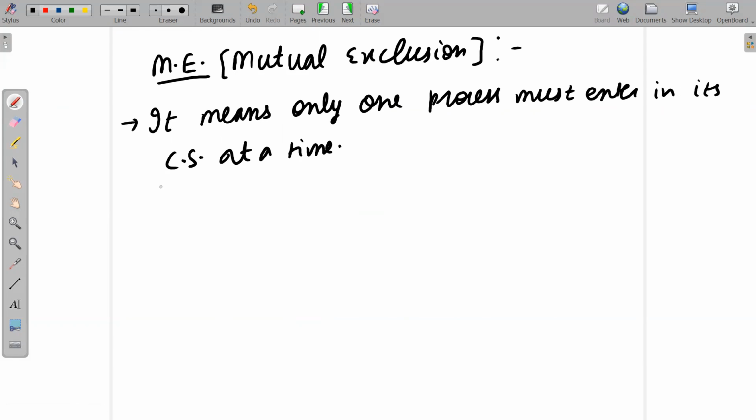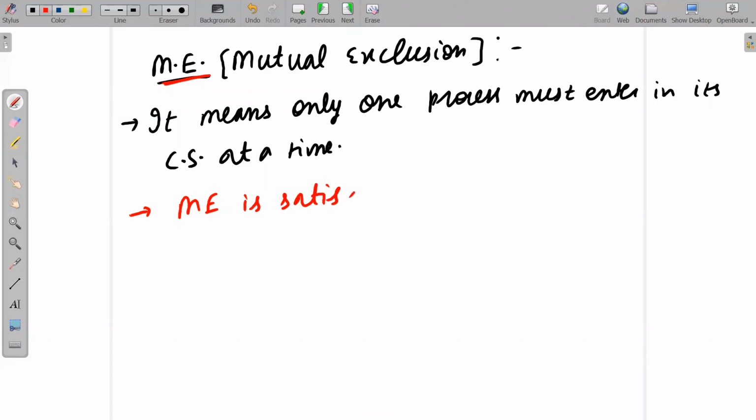If you want a more precise definition, then we can say at any given time. Let me tell you a more beautiful definition of what mutual exclusion is saying, or when we can say that mutual exclusion is satisfied.